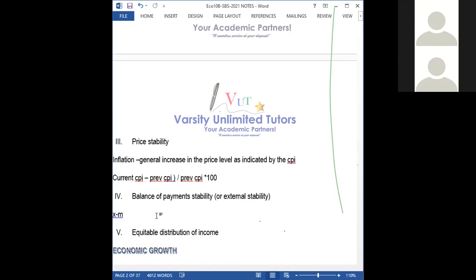Like, for instance, we import other things from China. We import mobile phones from the US, from China, from other countries, from Korea, and all these other countries. And South Africa exports some of the wine that it produces in Cape Town to other countries. So the balance between imports and exports is very, very important, because it determines whether an economy is being hemorrhaged by its international trade or whether it is benefiting from its international trade spectrum.